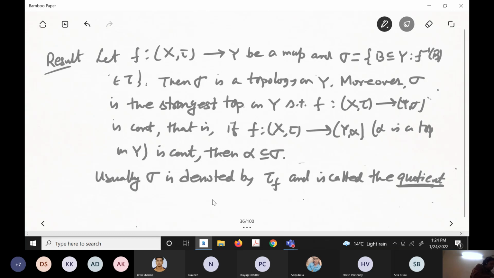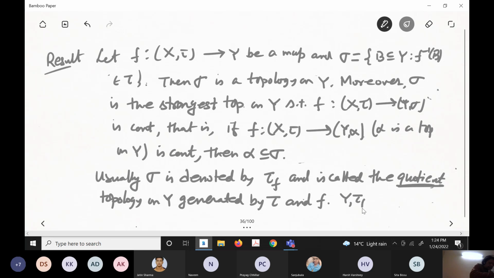Quotient topology on Y. For the quotient topology you need both τ and f, generated by τ and f. And this is called a quotient space.